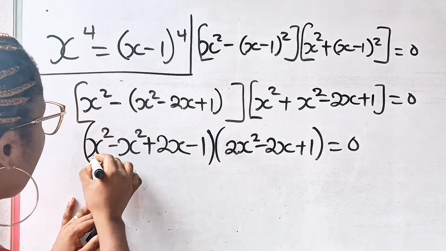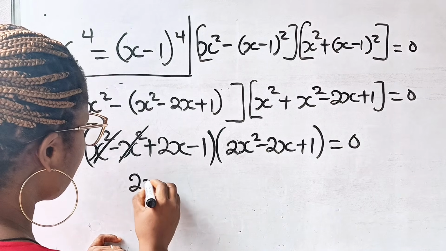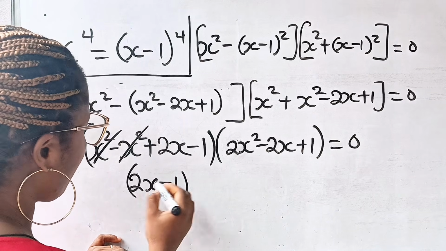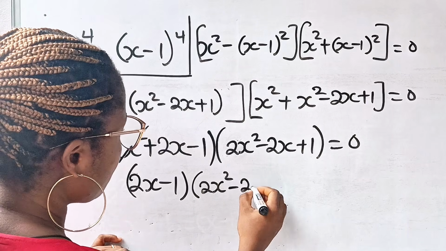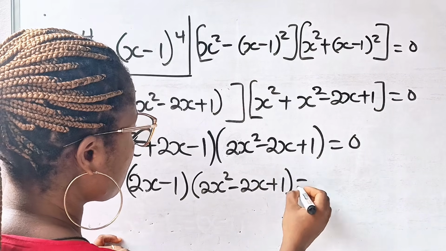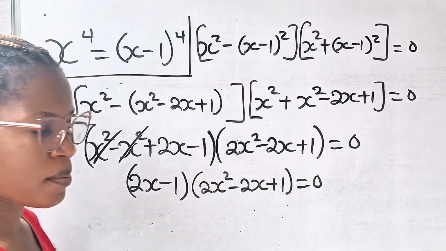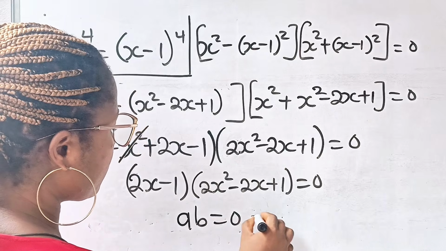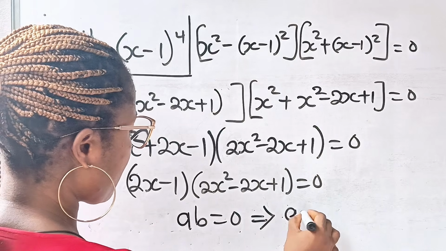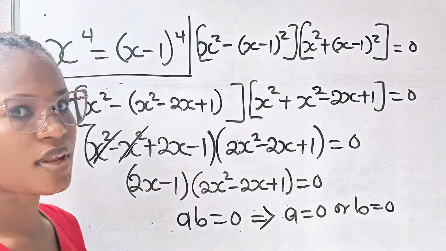So if we solve this further, x squared is gone, and we are left with 2x minus 1 multiplied by 2x squared minus 2x plus 1 is equal to 0. Now, at this point, remember that when a multiplied by b is equal to 0, this implies that either a is equal to 0 or b is equal to 0. That is the truth.